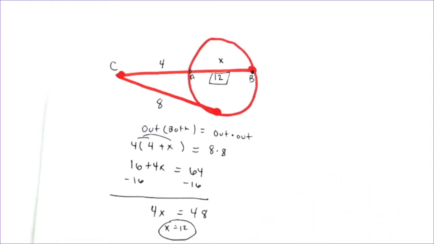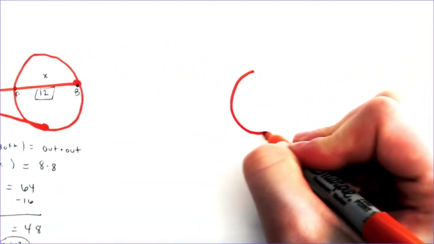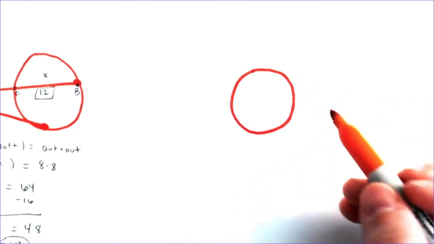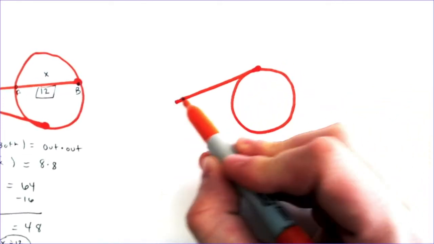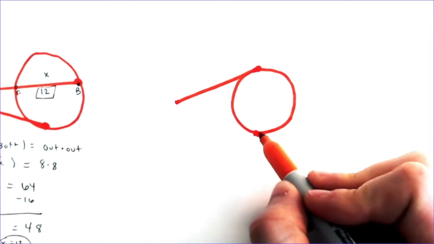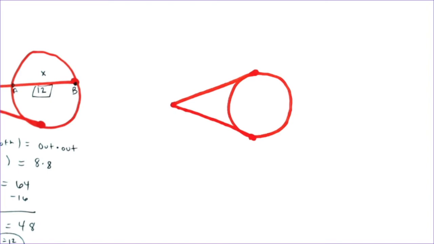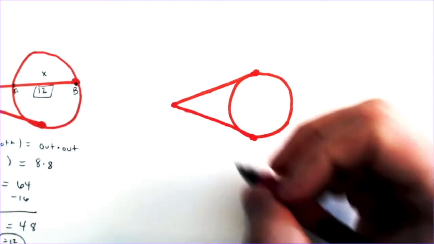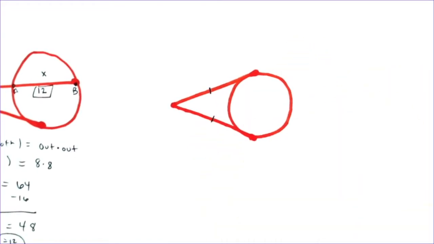Our last situation for today is by far the easiest. We got a circle, but instead of a secant and a tangent, we are going to have one tangent and another tangent intersecting. And these are the easiest to understand, and that is because this tangent and that tangent are guaranteed to be equal.